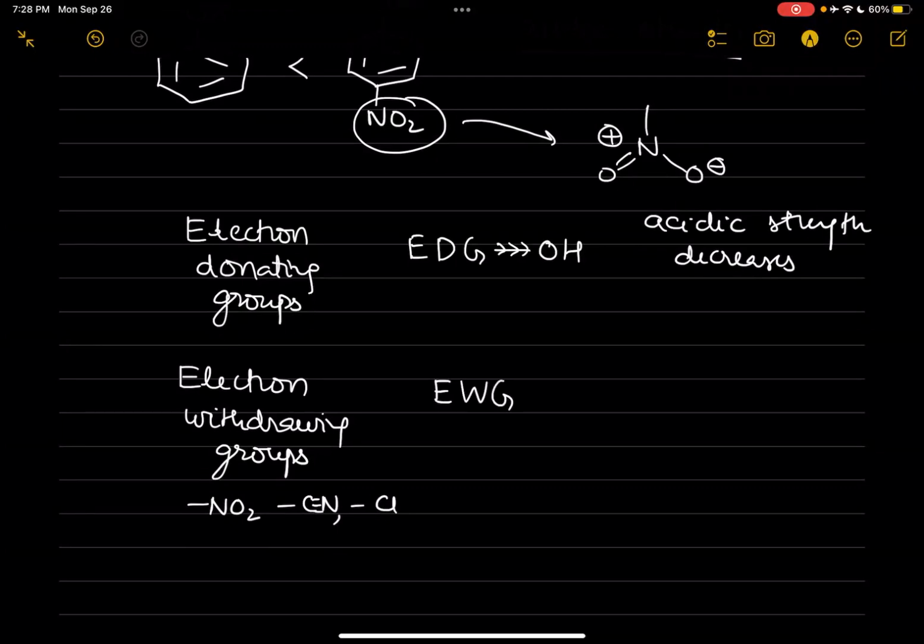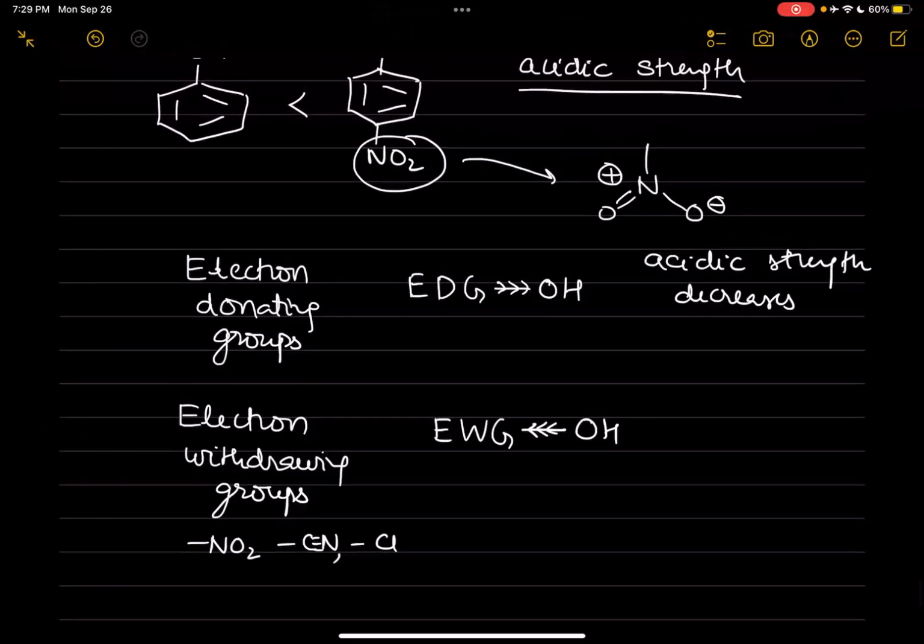Electron withdrawing group, I'm writing it in short form, and I'm putting an arrow on this side to show you that these electron withdrawing groups are pulling the electrons toward themselves from the OH. The O will have less negative charge. So if the negative charge is less, the H is going to break away more easily, right? Because H plus wants electron. Electron donating groups make the oxygen enriched in electrons, so H plus will remain connected and acidic strength decreases. Here the acidic strength increases. Is it clear?